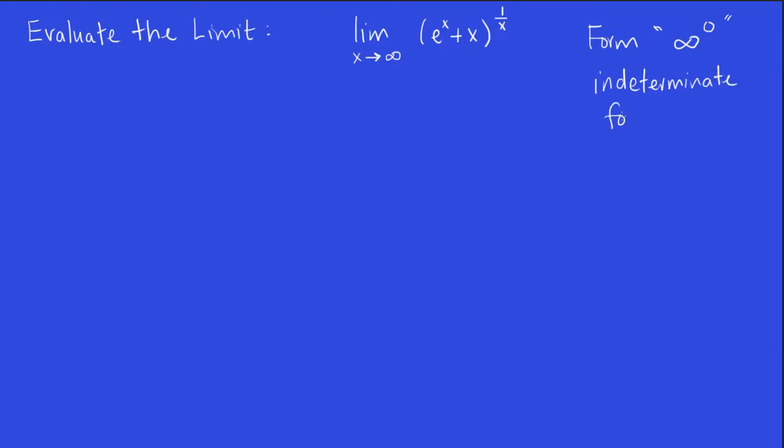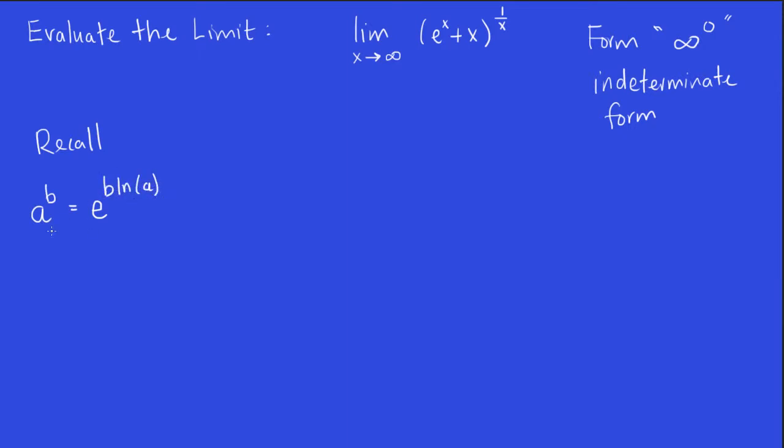That means we should probably try to use L'Hopital's rule. But we need to rewrite it first, because we need a form like 0 over 0 or infinity over infinity to use L'Hopital's rule. But there's a standard trick to do this, right? Remember that a to the power of b can be written as e to the power of b ln a.